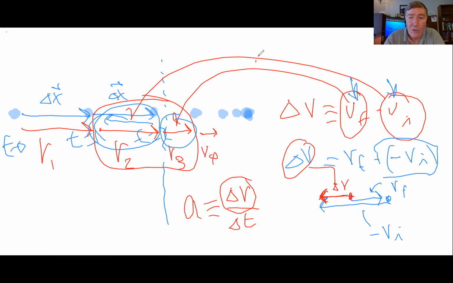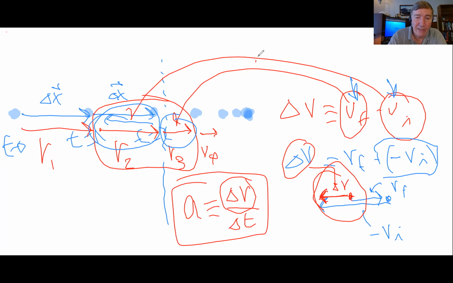Note now, why did we go to all this trouble? Notice what direction delta V is pointing in. Delta V is pointing to the left. If acceleration is defined as delta V over delta t, and delta V is pointing to the left, that means my acceleration vector is pointing to the left.